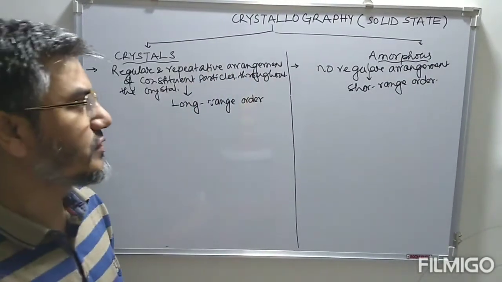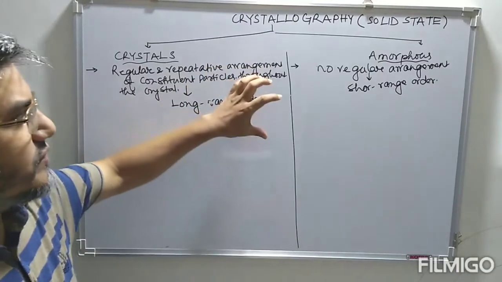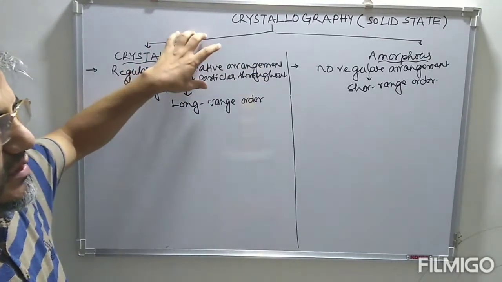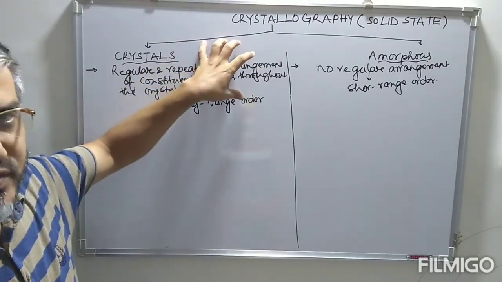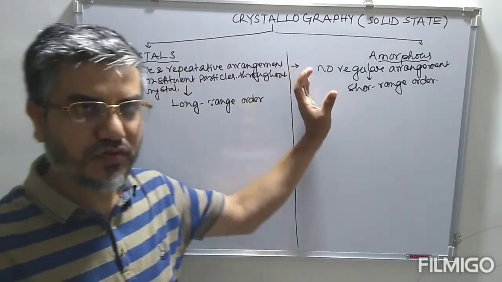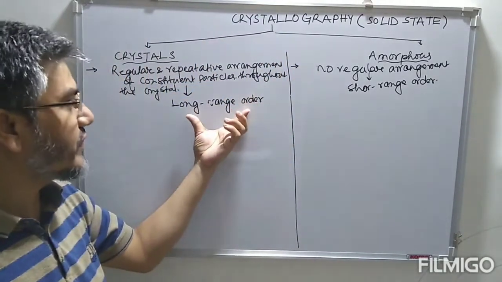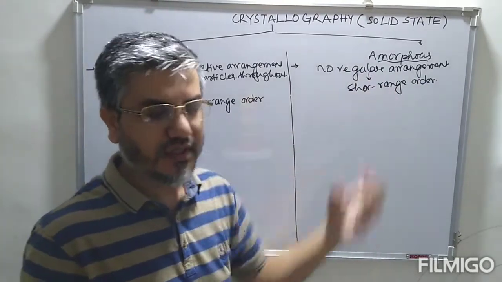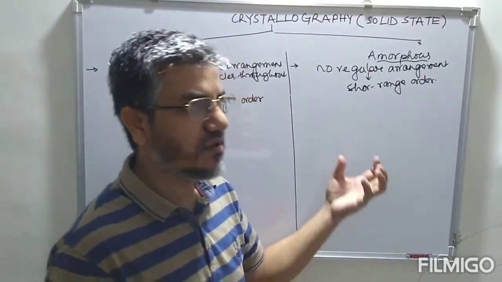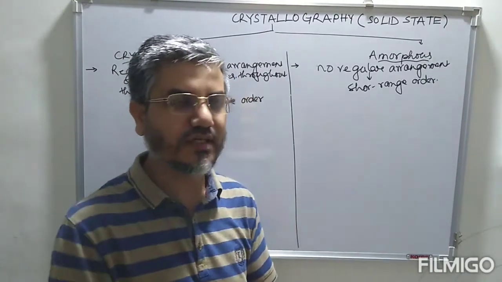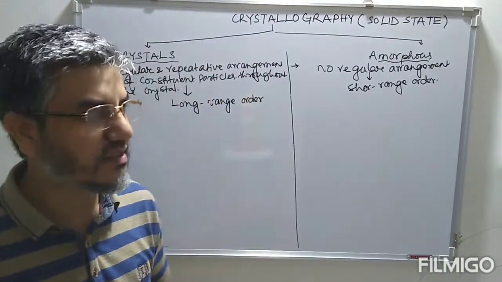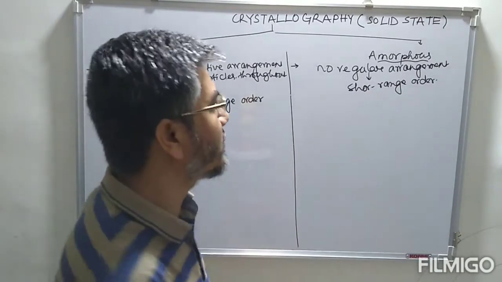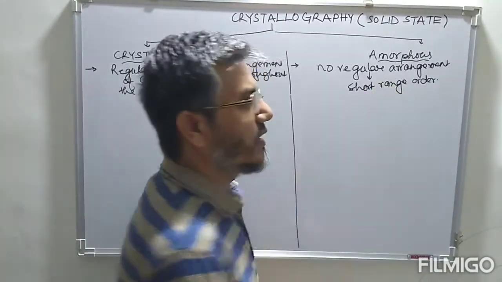So the first point of difference is that in crystalline solids there is a regularity in the arrangement of the constituent particles, which is known as long range order. In amorphous solids the regularity is not observed, but sometimes regularity only up to a certain limited extent, a very short distance, is observed. So we say this is short range order.